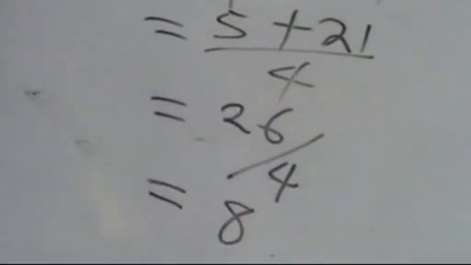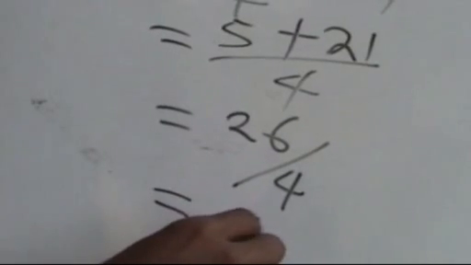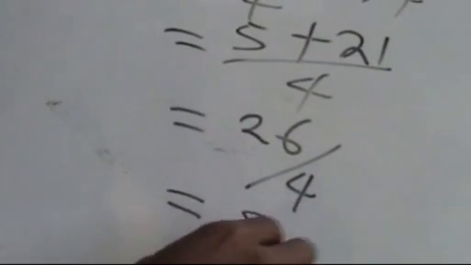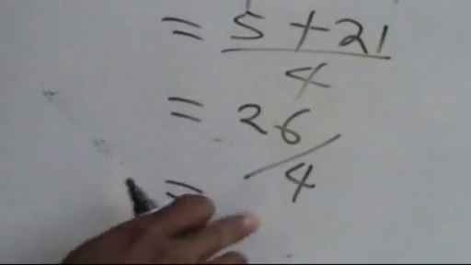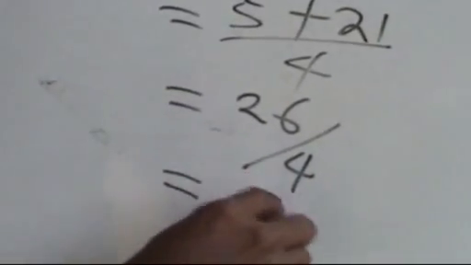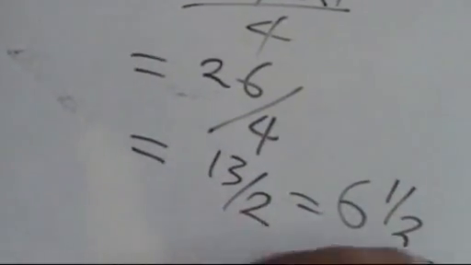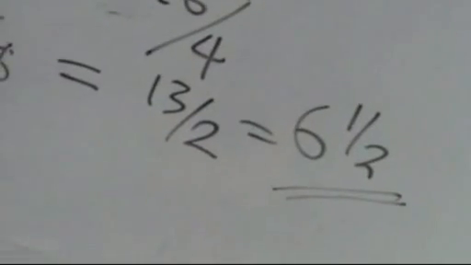Then 5 plus 21 is 26 over 4. Dividing by 2, we have 13 over 2, which is 6 whole number 1 over 2. That's the value of our T8.